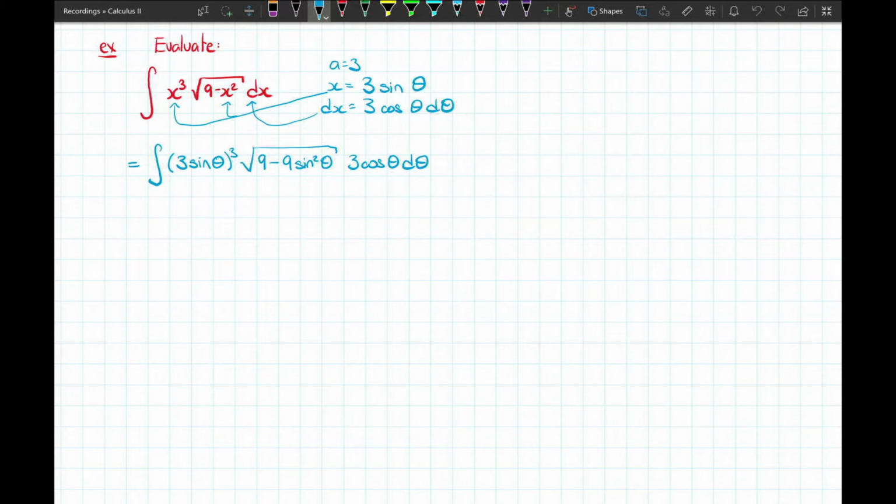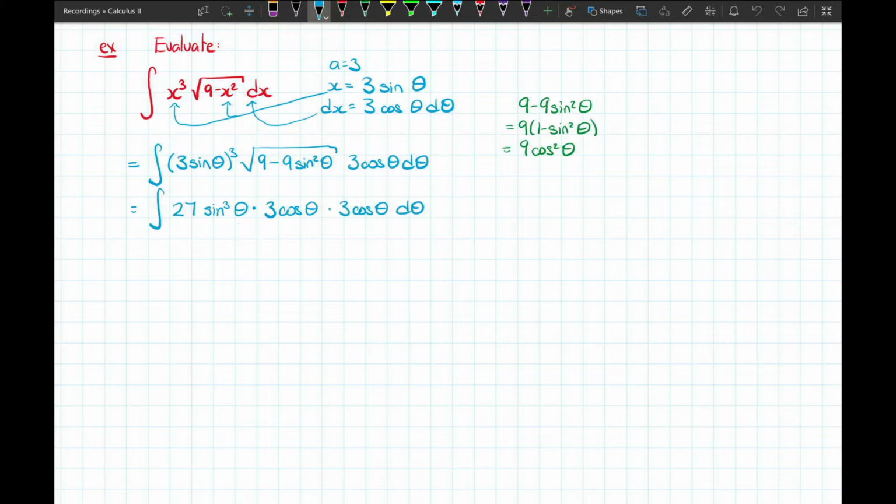Now, remember that this substitution is chosen specifically so that 9 minus 9 sine squared theta is equal to 9 cosine squared theta. Because of our choice of theta being in quadrant 1 or 4, it's a perfect square, and that'll simplify to simply 3 cosine theta.